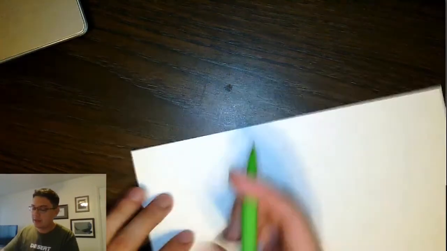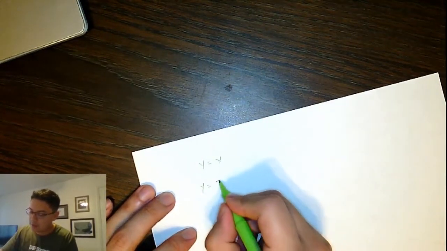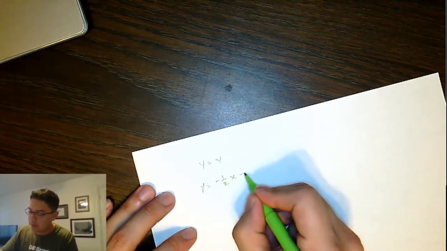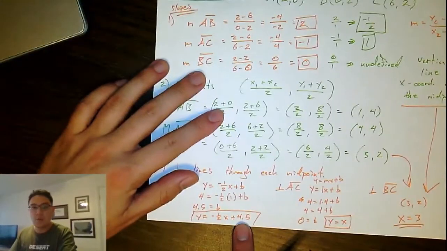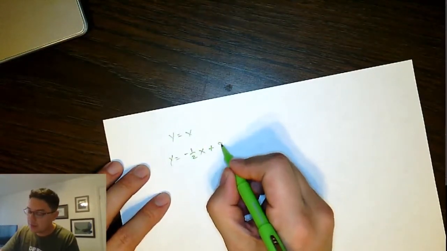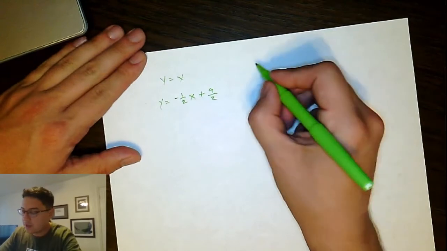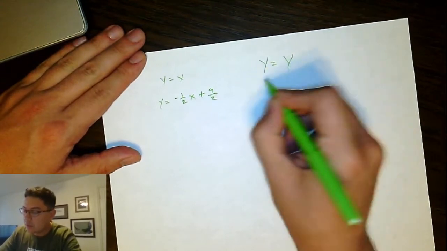So we will have y equals x, and we have y is equal to negative 1/2 x plus 4.5 here. You might remember earlier I said this was the same as 9 over 2. I'm going to turn it into 9 over 2 for the purposes of solving this problem. We know from the reflexive property that y is equal to y.